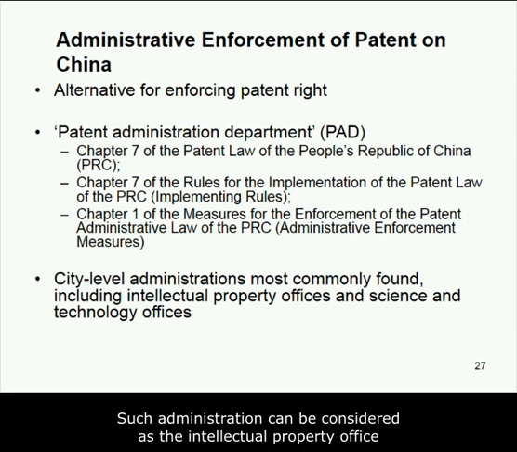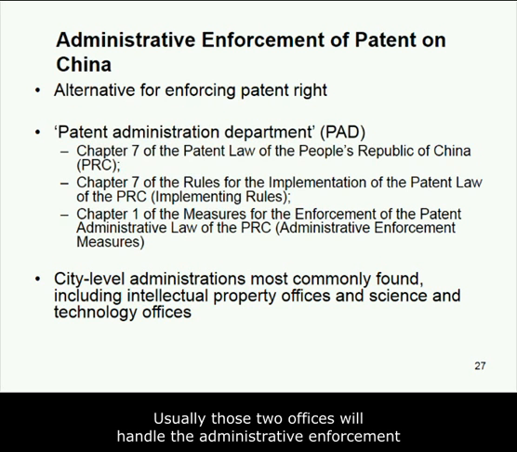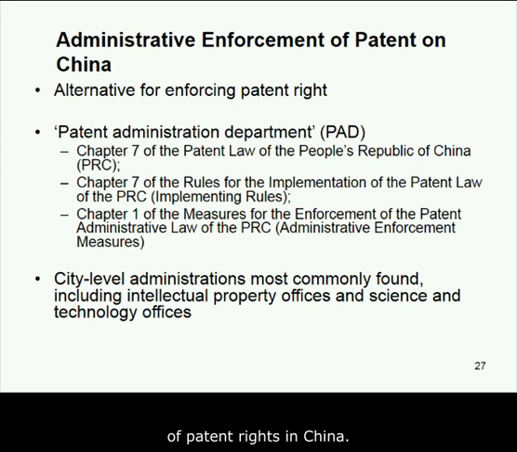Such administration can be considered as the intellectual property office and the science and technology offices. Usually, those two offices will handle the administrative enforcement of patent in China.